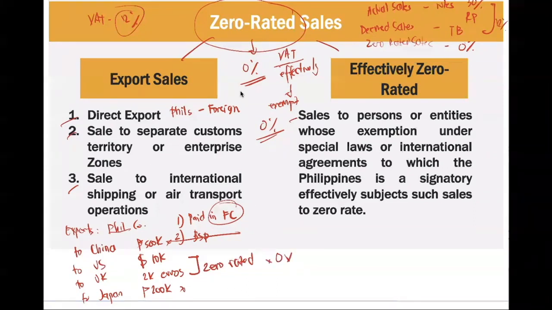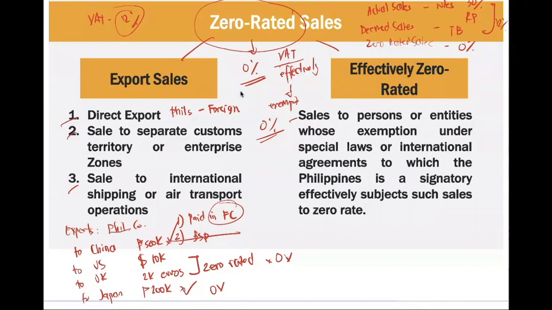Hence, here and here, we have an output VAT. Okay, again, direct export: once there is a sale or shipment of goods from the Philippines to a foreign country, it must be paid in a foreign currency. So here in our example, Philippines to China, to the US, to the UK, and Japan.